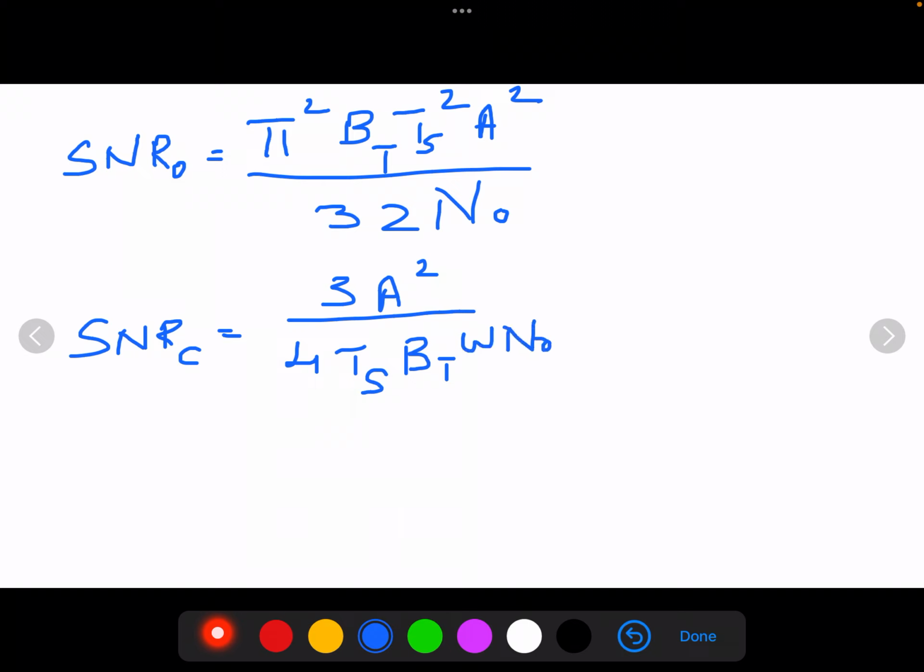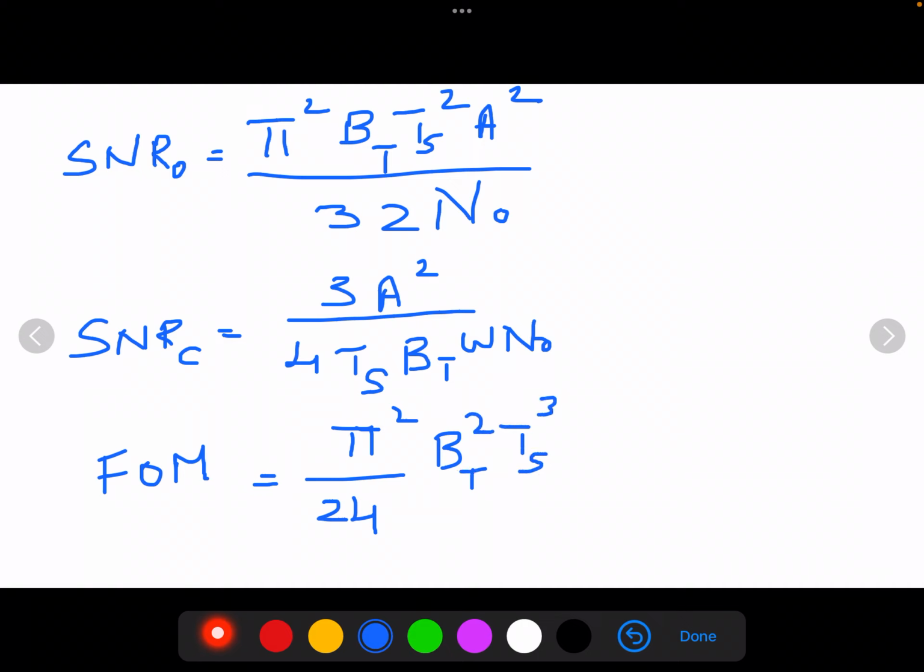So the figure of merit is having the ratio of these two. It is pi square by 24 into Bt square Ts cube into W.